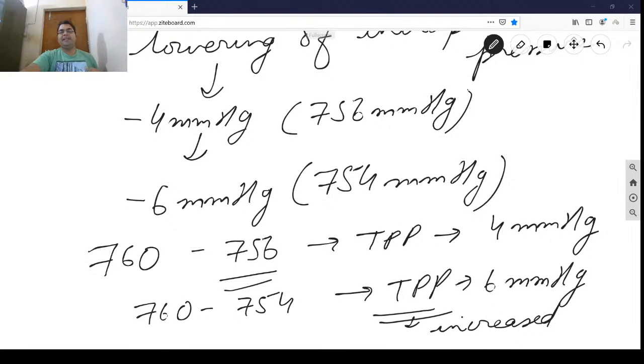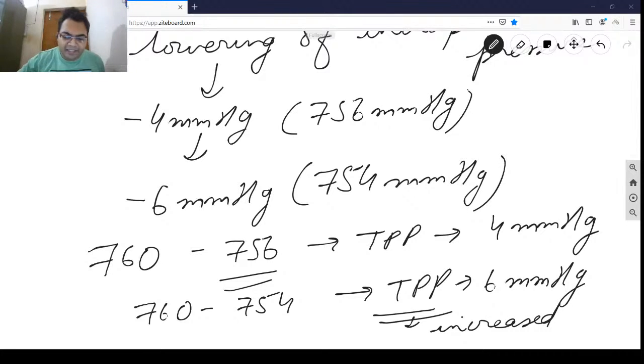Just imagine, earlier, why was it minus 4? Because if it becomes 0, the lungs would have collapsed all of a sudden like this. So at minus 4, there is some kind of TPP. Now TPP being plus 4, the intrapulmonary pressure, when you subtract it from the atmospheric pressure, is minus 4.